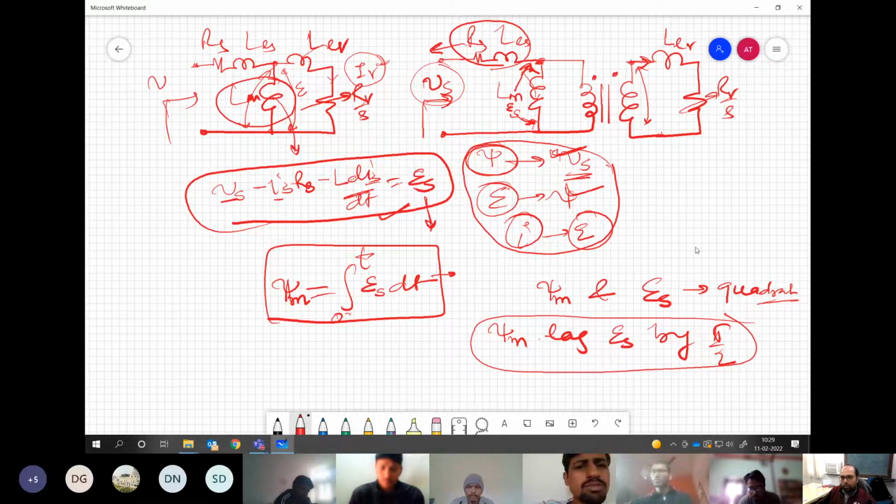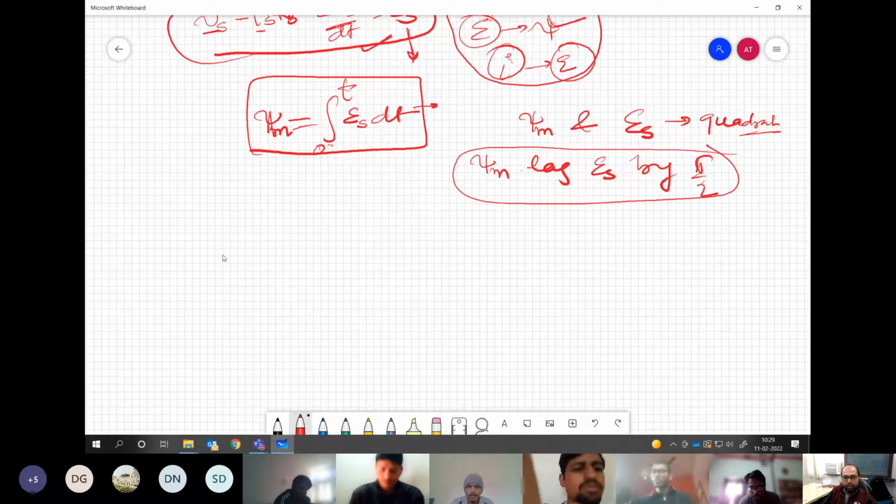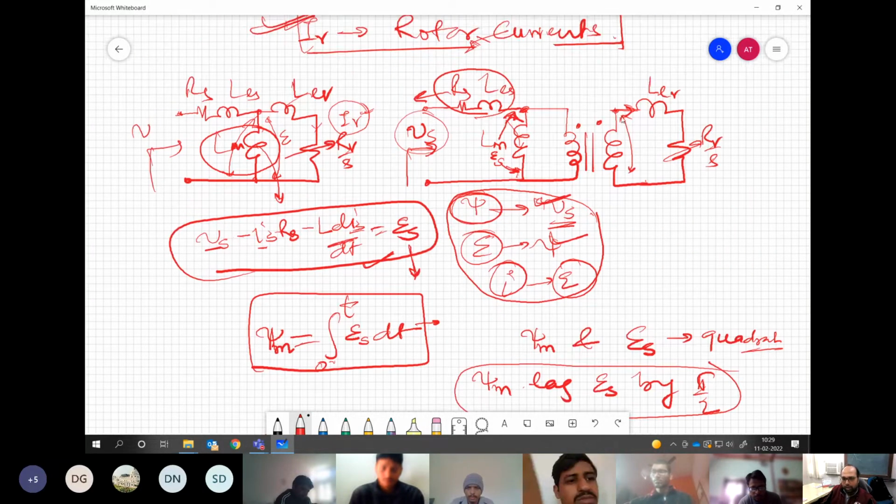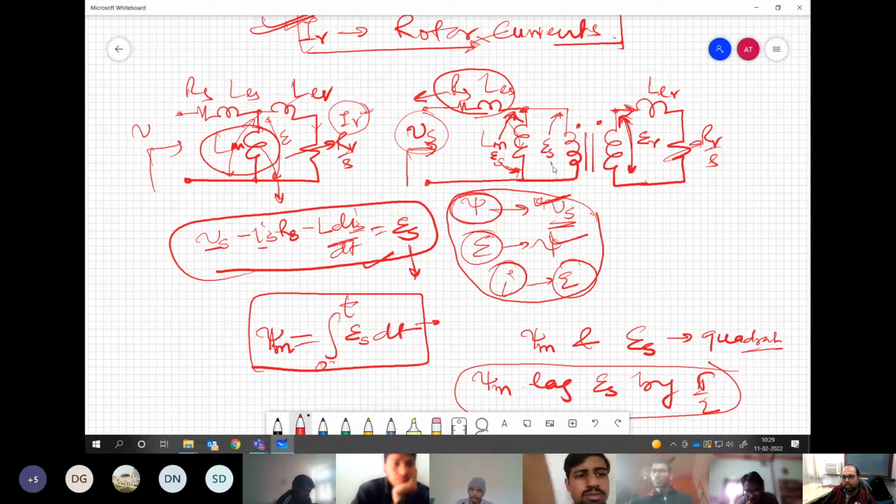Now let us go for the EMF. I will call that EMF, which is actually coming on this side of the rotor, on this side of the transformer, as ER. What we have applied here is ES, and this I will call ER.